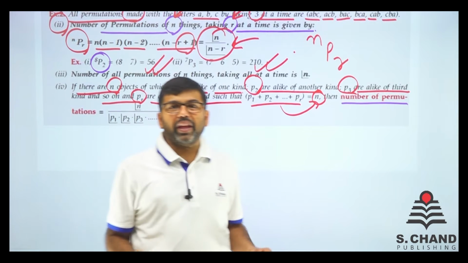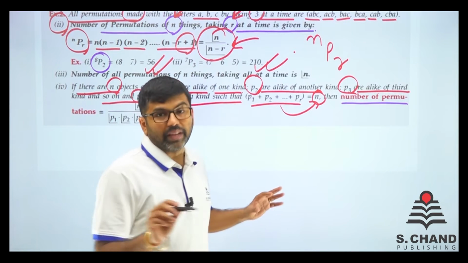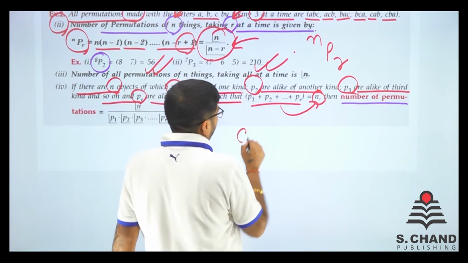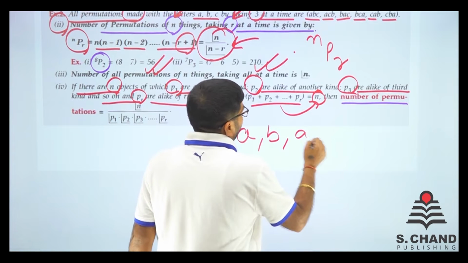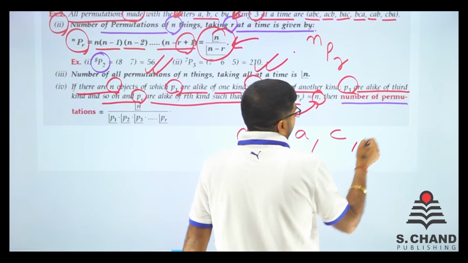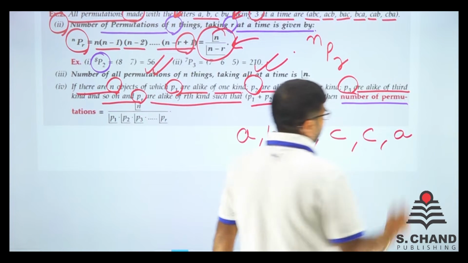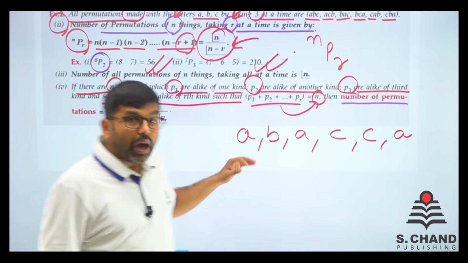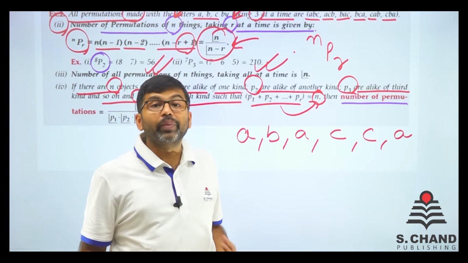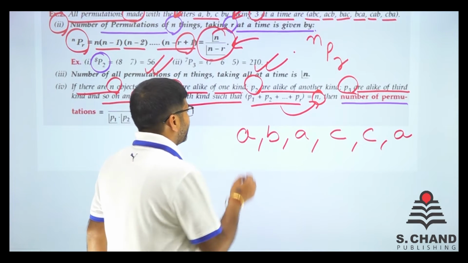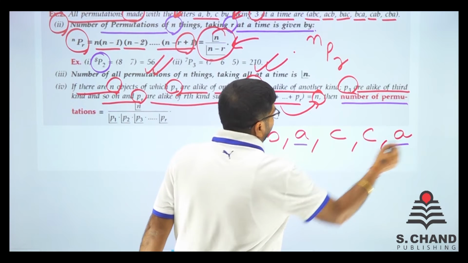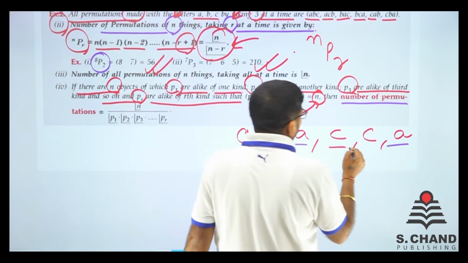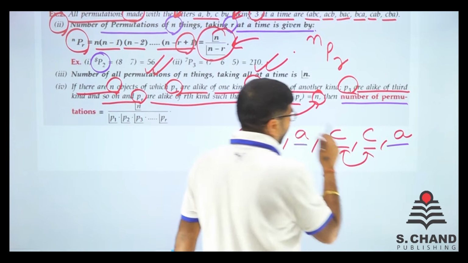What exactly it is saying is, for example, you need to see A, B, A, C, C, A. Say you now need to do arrangements. You can see that all these A are alike, and all these C are the same.